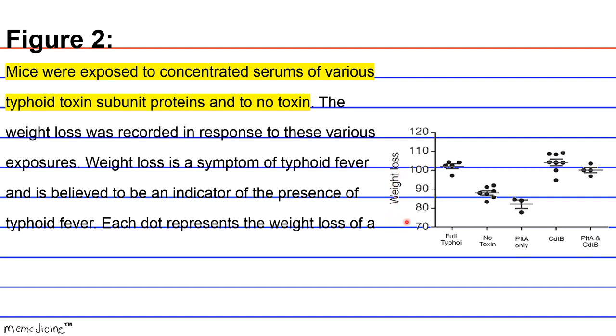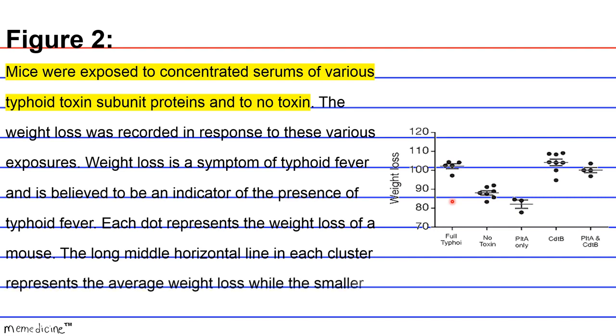Each dot represents weight loss of a mouse. The long horizontal line in each cluster represents the average weight loss, while the smaller lines are the standard deviation from each cluster. Okay? All right.